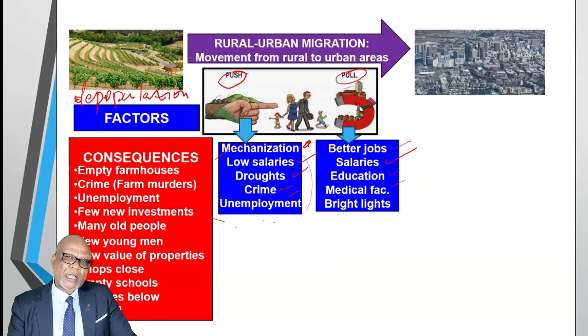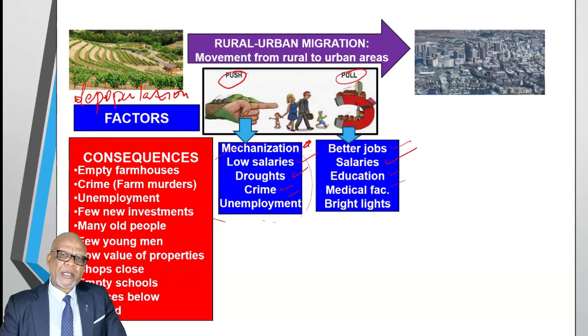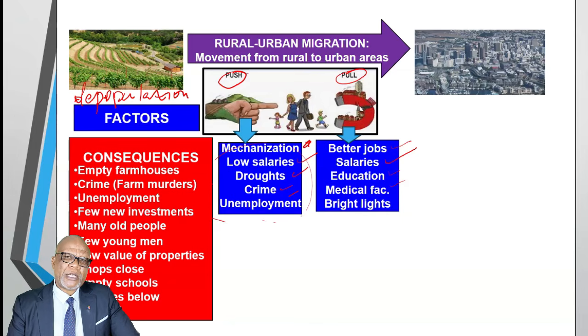They will not go to rural area. So it's going to result in an imbalance in the age and sex structure of rural settlements. There's going to be more elderly people and more younger people, and then there's going to be more females left behind than males, because males are usually the ones that will be trying to go and provide for the families.